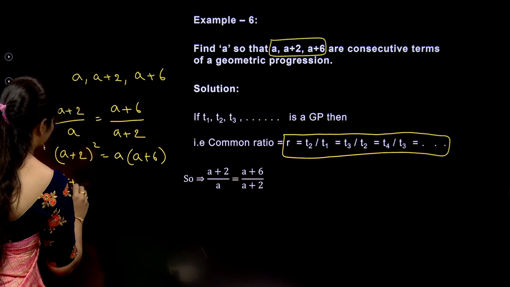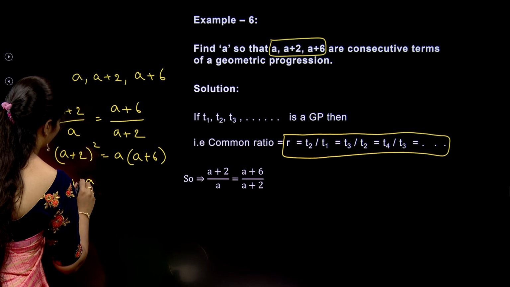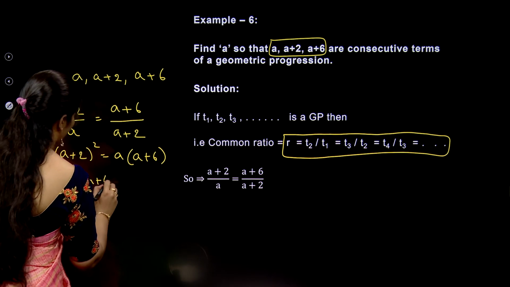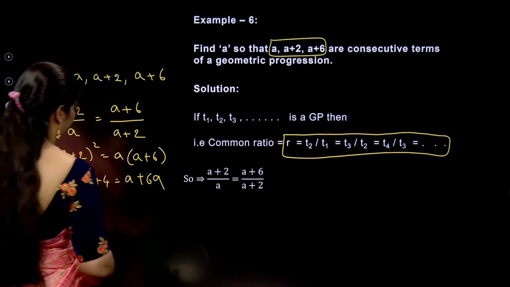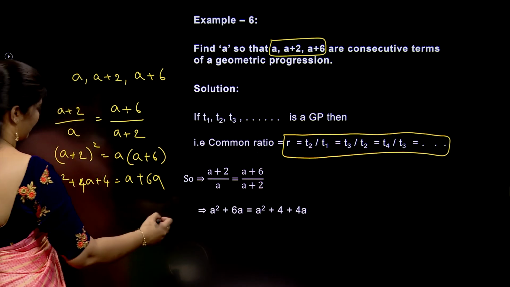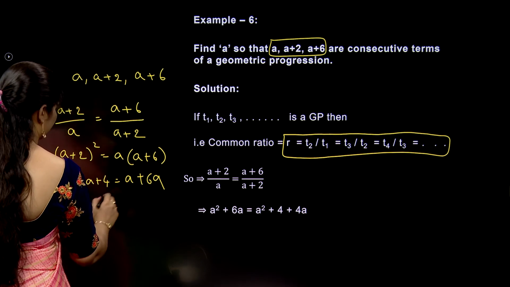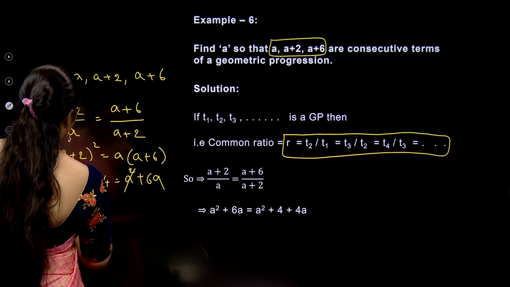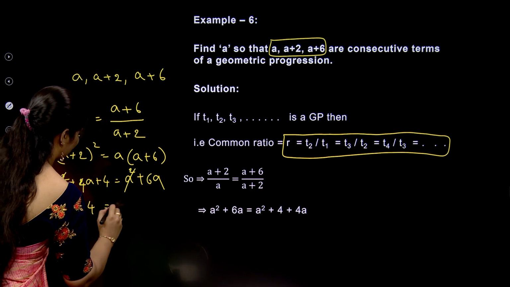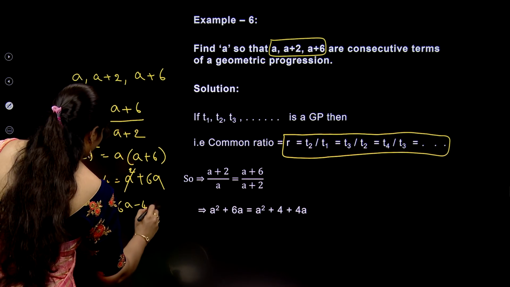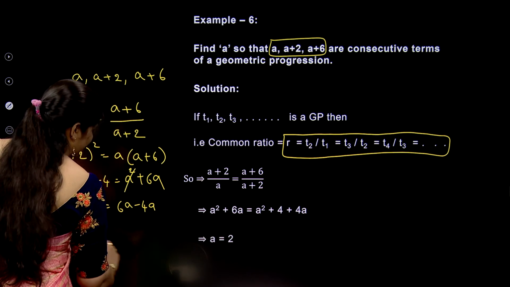So a square plus 4a plus 4 equal to a square plus 6a. After solving, a square gets cancelled. Then 4 equal to 6a minus 4a, then a equal to 2.